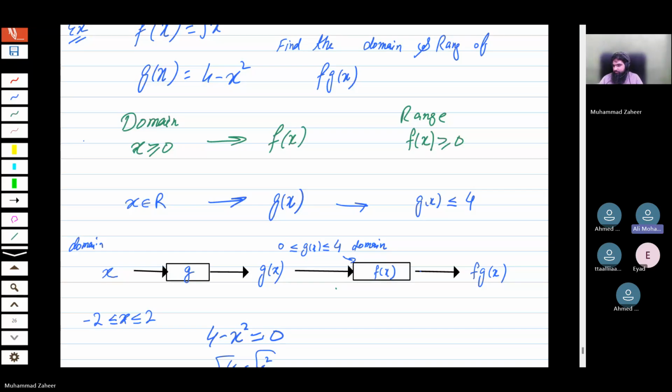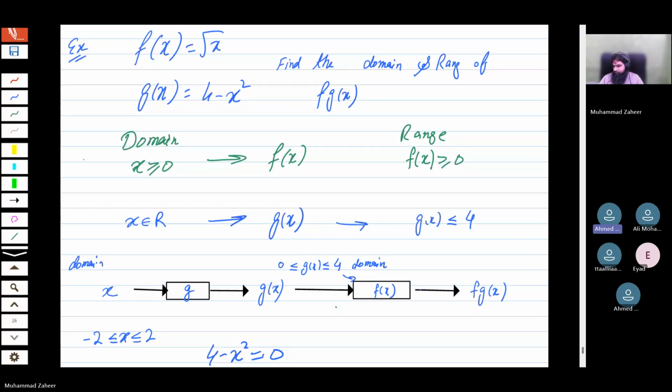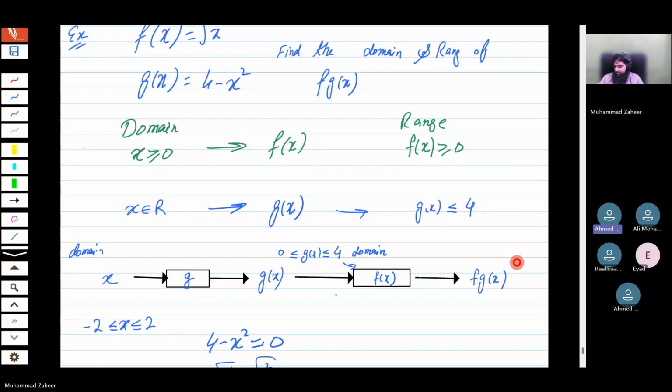Less than or equal to 2. No, it's less than 2. Sorry, yeah.